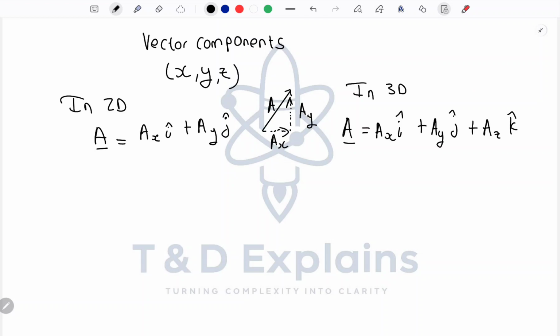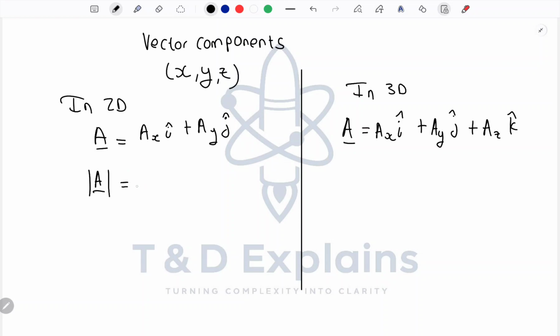So how do you get the magnitude in 3D and in 2D? I'm starting with 2D. The magnitude of this vector A, please note that A can be written with a line underneath, and it can also be represented by an arrow at the top. There are different ways to represent vectors. I usually prefer putting a line underneath. Each and every vector has a magnitude and also a direction.